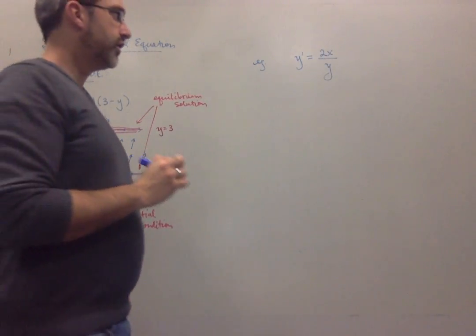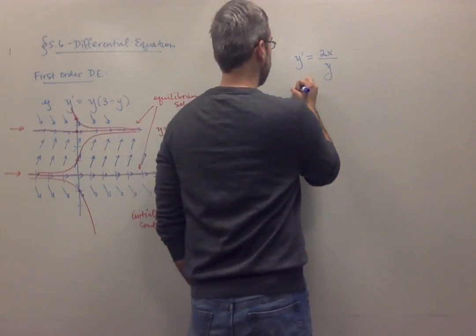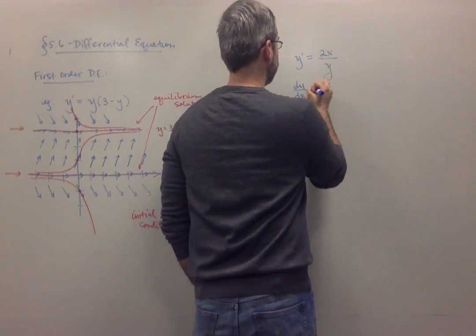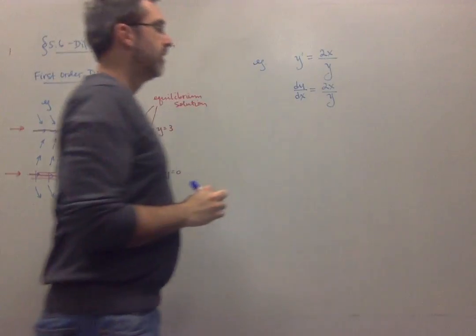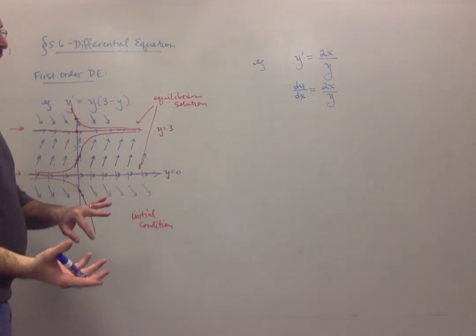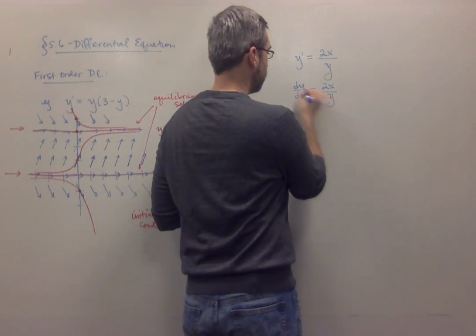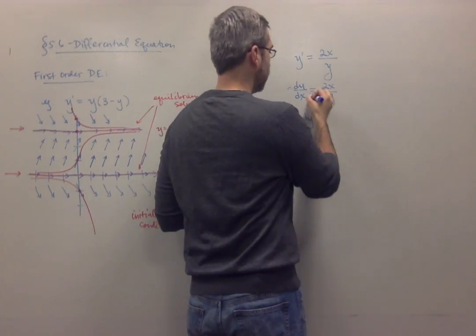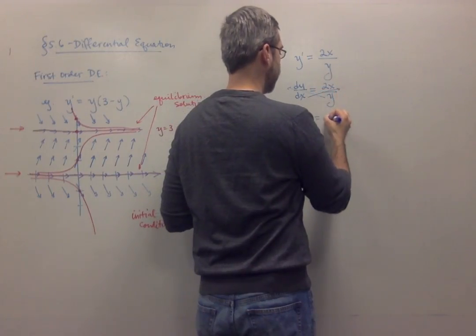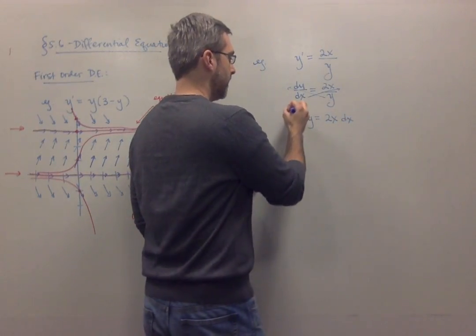Well, it turns out that what I can do, I'm going to use the Leibniz notation, dy over dx. What I'm going to do is put all of the y values on the left side. So let's multiply this y up here to get y dy. And I'm going to put all the x values on the right side of the equation. So I'm going to stick the dx on this side. And I'm going to integrate.